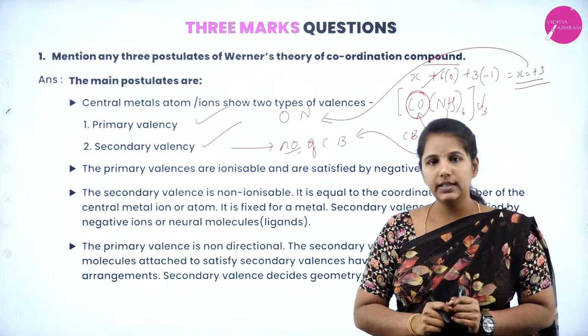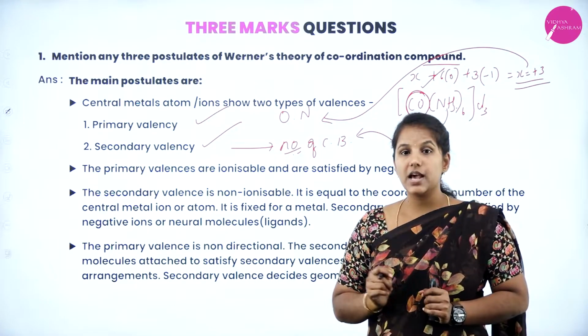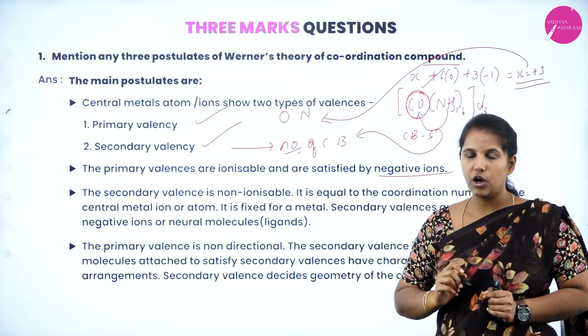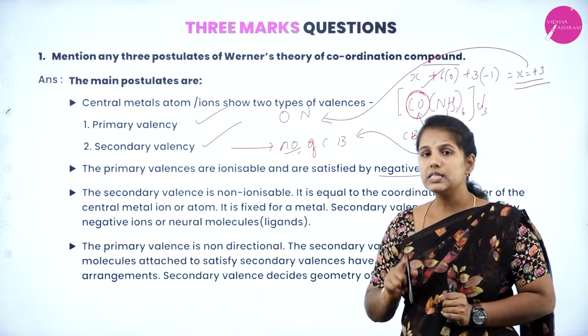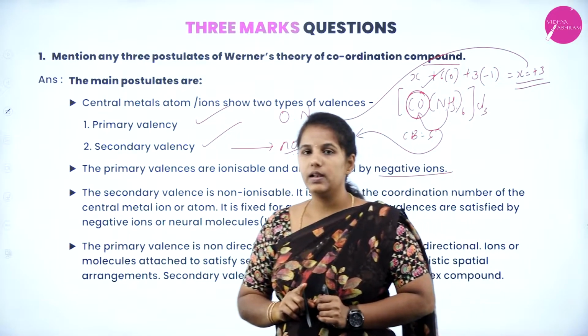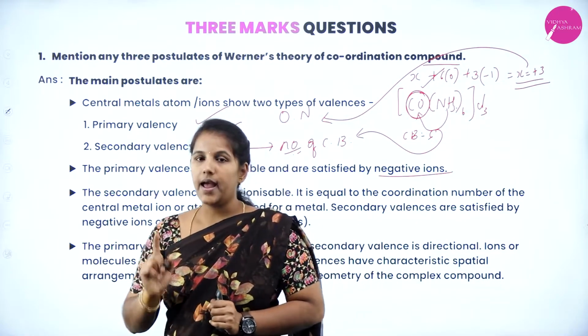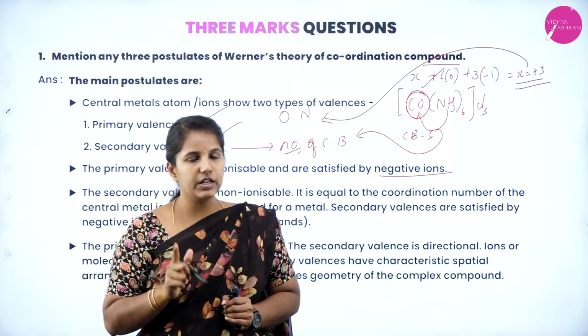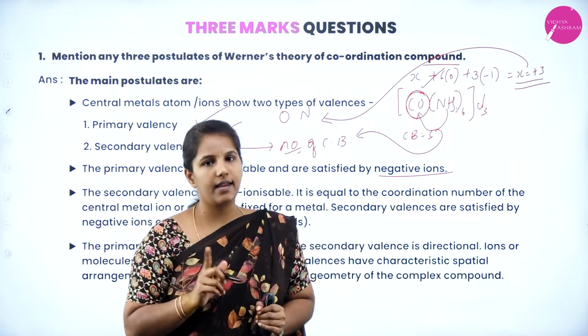And later he said that primary valencies are ionizable and are always balanced by negative ions or negative charges. Whereas secondary valencies are stable and non-ionizable, and they cannot be balanced by negative charge, but usually are balanced by ligands.